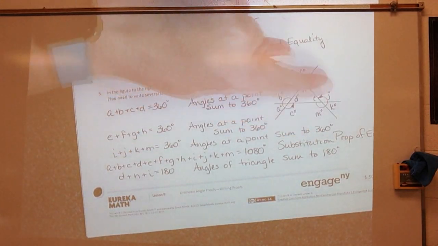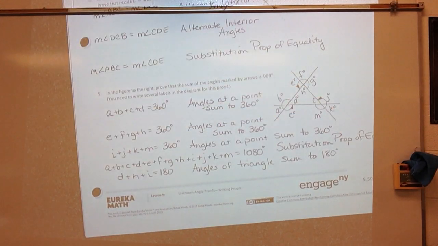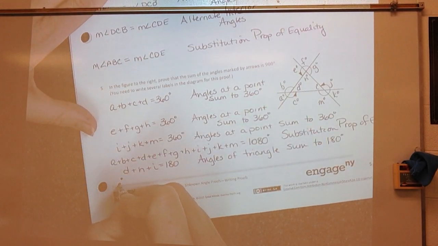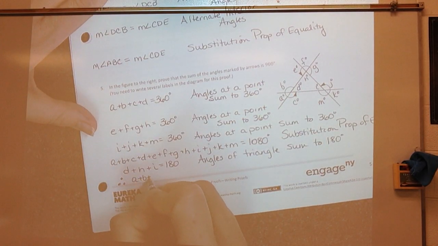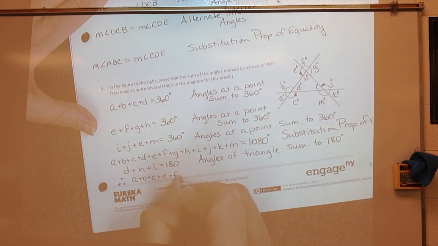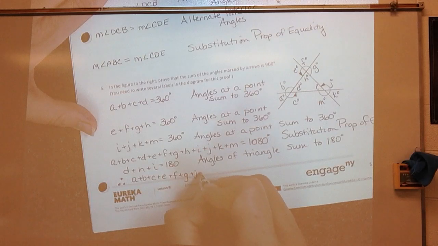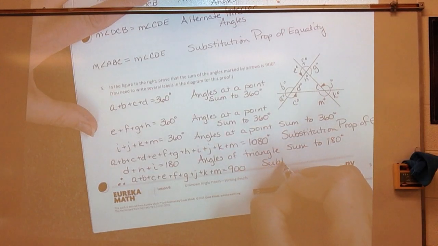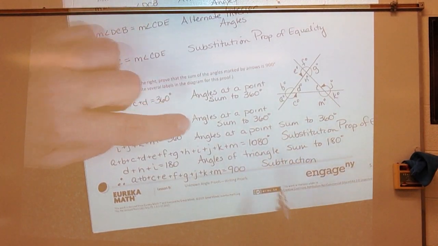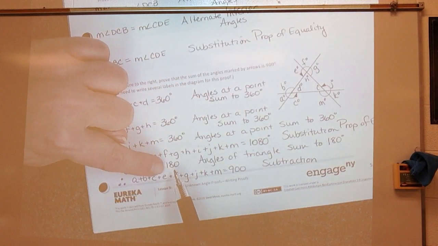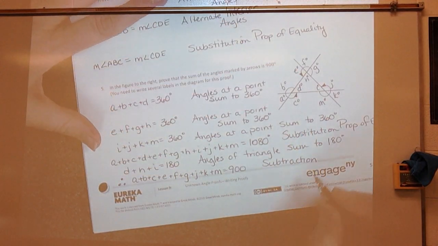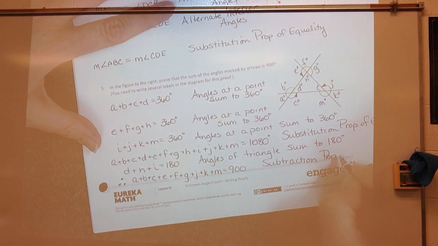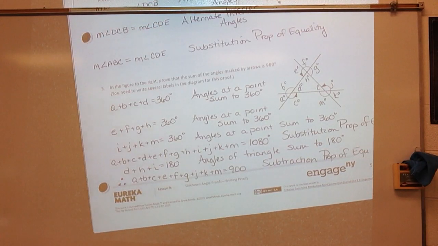Well, if I know what all of it equals, and then I know what the middle equals, I can subtract that, and I can prove that A plus B plus C plus E plus F plus G plus J plus K plus M is equal to 900 by subtraction. I could subtract the 180 in the middle from the whole, which was 1080, and that would give me 900. So I've proven that they are 900 degrees.